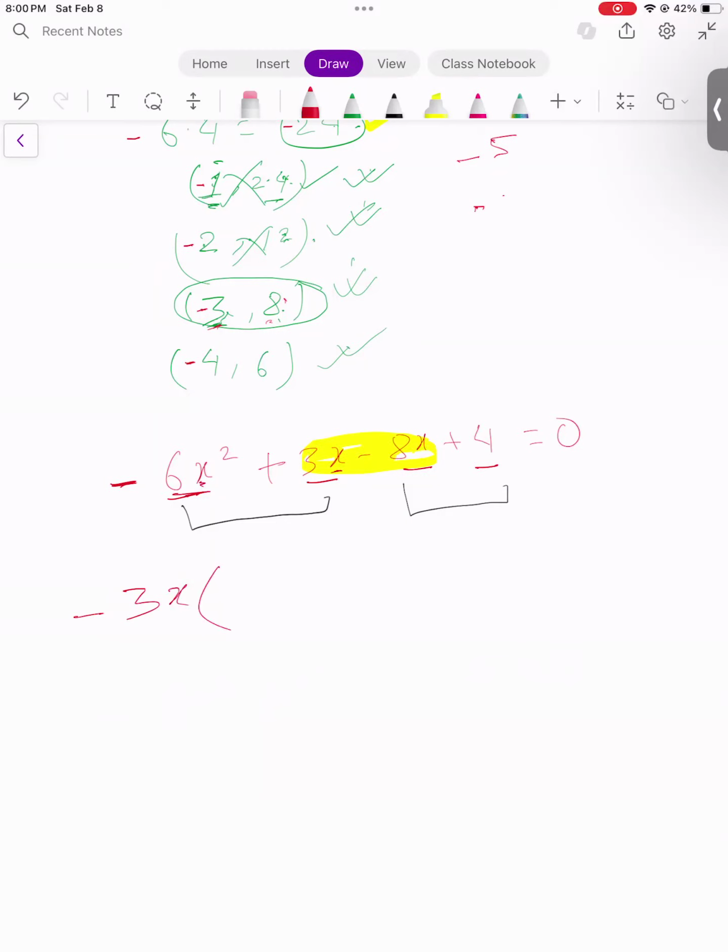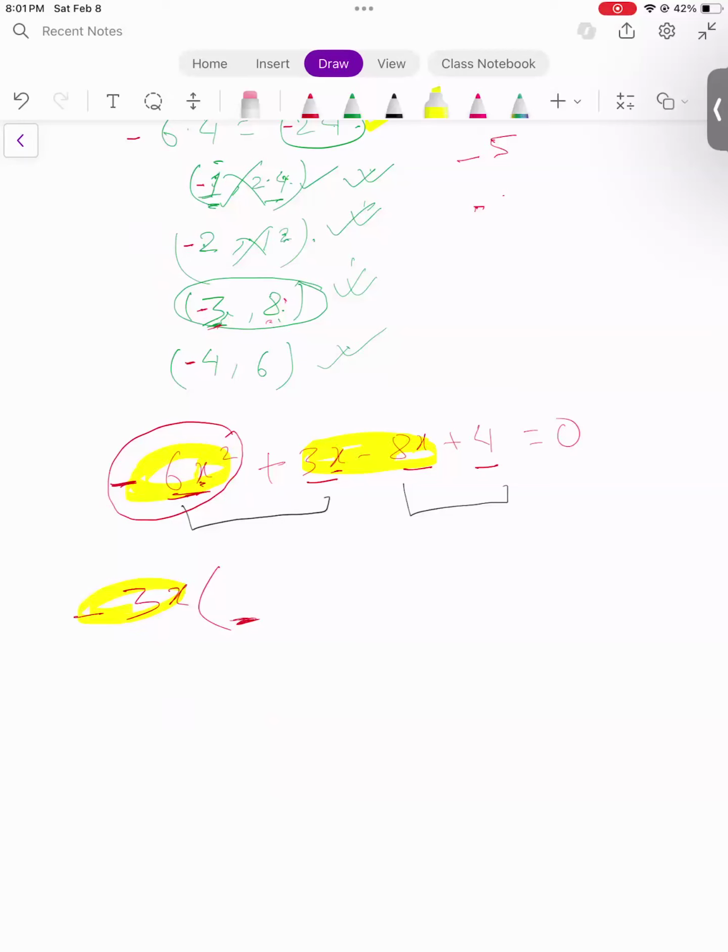If you factor out negative 3x from negative 6x squared, what do we have here? How do we find what to write here? You divide this term by your common factor.